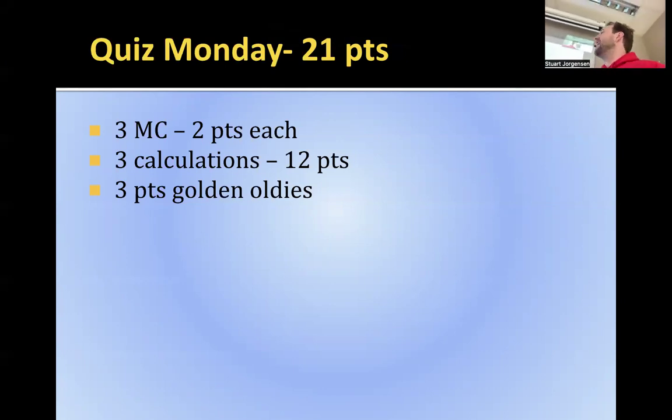For calculations, probably one from the triangle, a couple from the triangle, and then probably one plating question. I just want to check before we get to the test. And then there's one golden oldie. It is Hess's law.